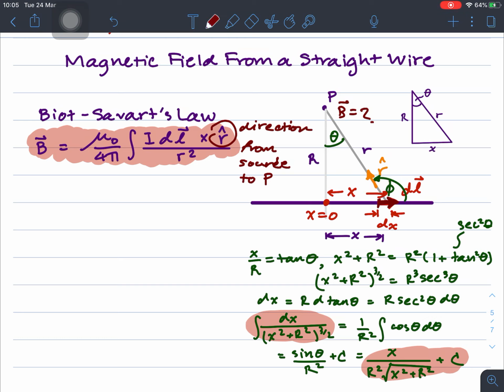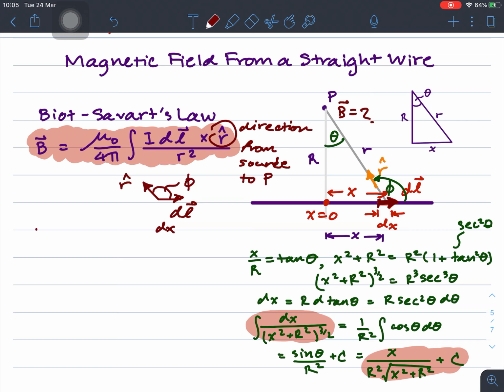So dl, which has the length of dx, cross product with the unit vector r. And these two vectors are making the angle of phi.